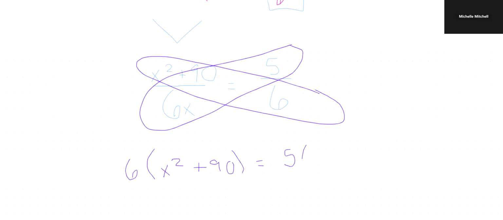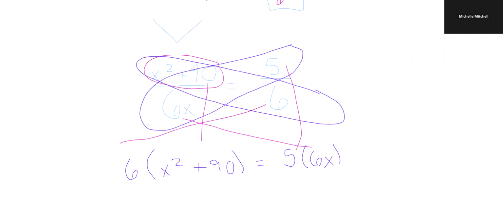You see where all those pieces came from? Let me change colors. The 6x went here. The 5 went here. This 6 went here. And this went here. It's kind of a mess.